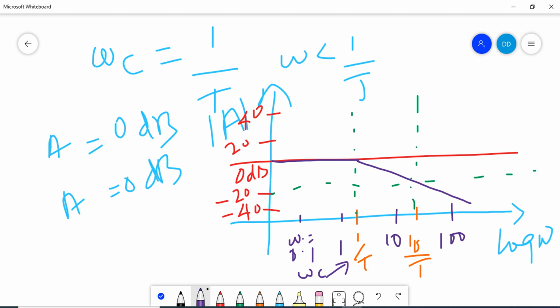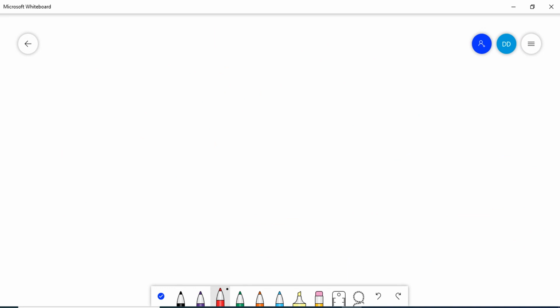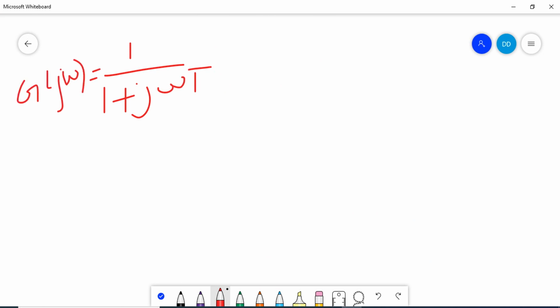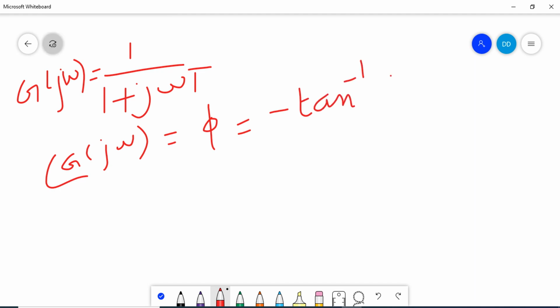So now let us see what happens to the phase angle for a simple pole. The phase angle for g of j omega equal to 1 by 1 plus j omega t is: angle of g of j omega equals phi, which is minus tan inverse of omega t, that is the imaginary term by the real term, which is 1.